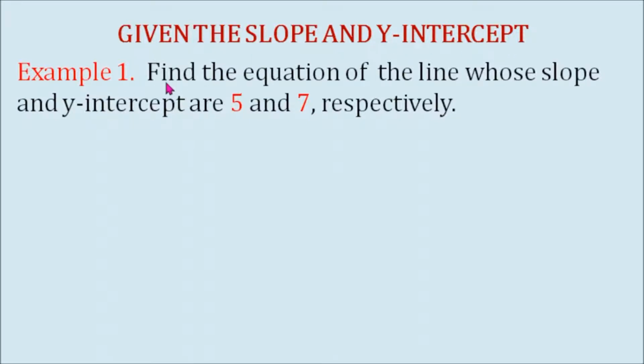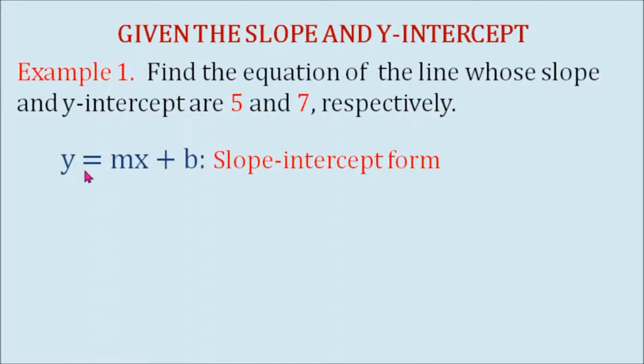Example number 1. Find the equation of the line whose slope and y-intercept are 5 and 7 respectively. Y equals mx plus b is the slope-intercept form of a linear equation in two variables.